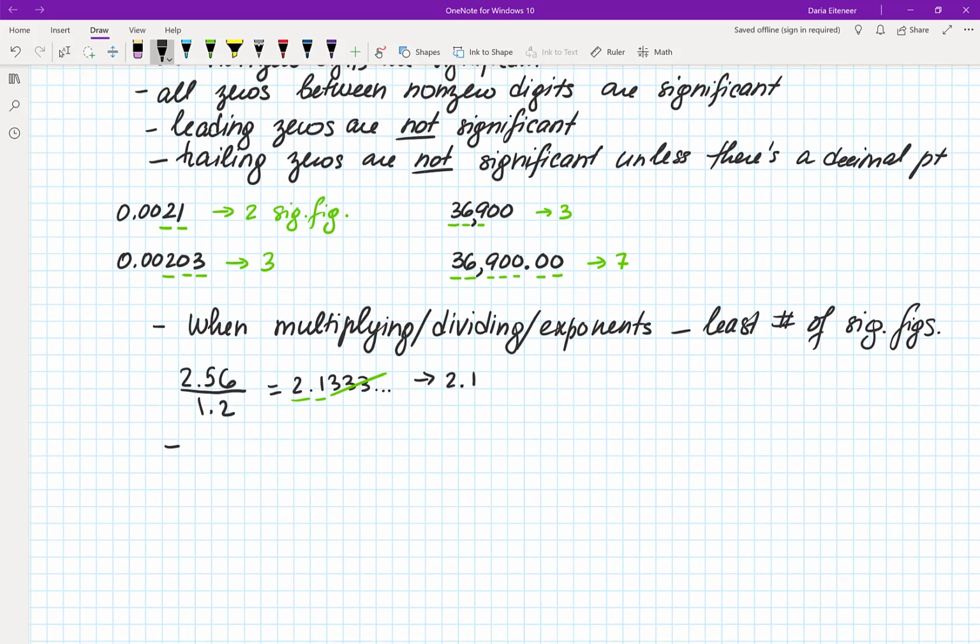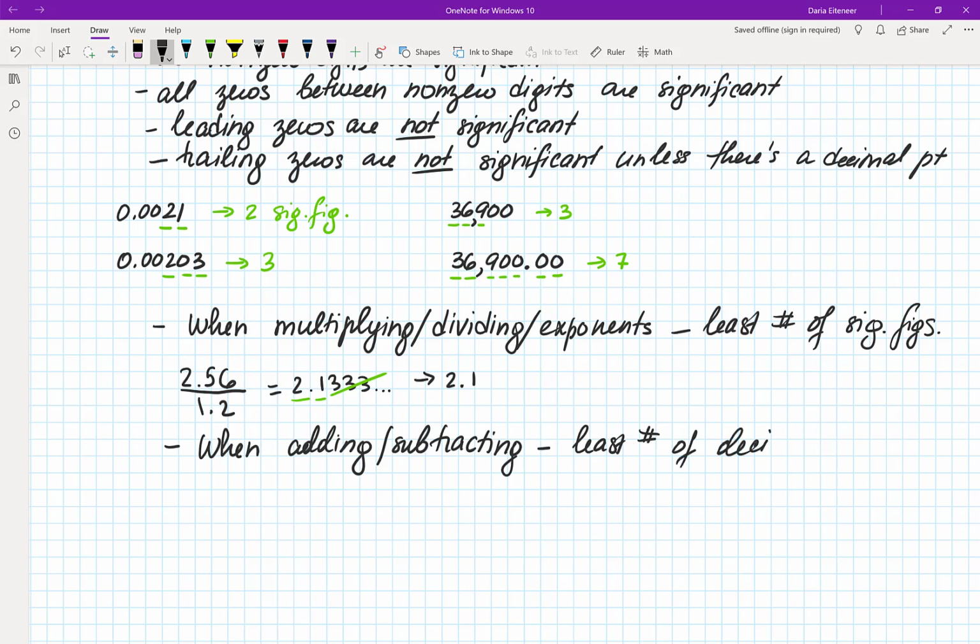Now, this next rule is going to be a little bit more essential when we're doing labs, but again, there are only a couple of places where we would have to really pay attention to that. So when adding or subtracting, you use the least number of decimal places. Not sig figs, but decimal places.